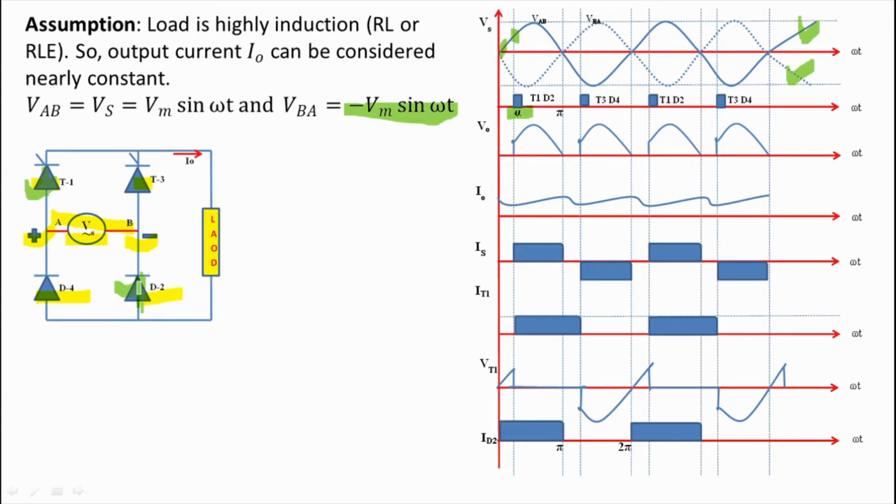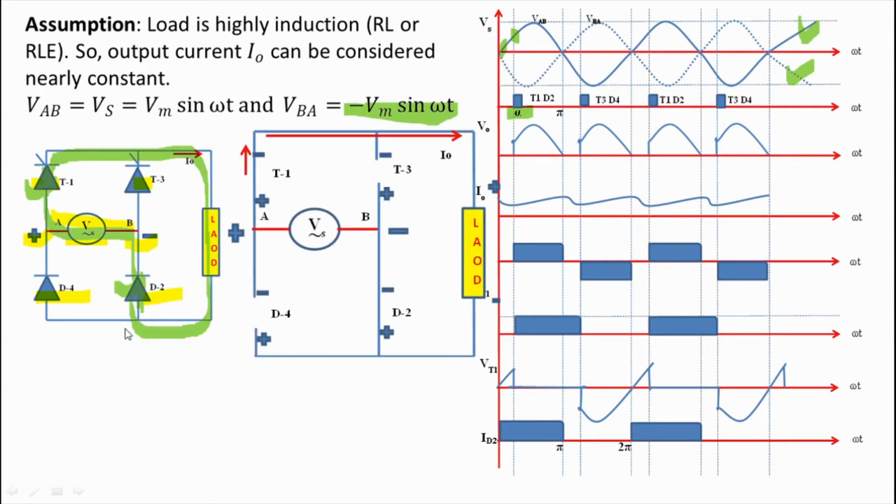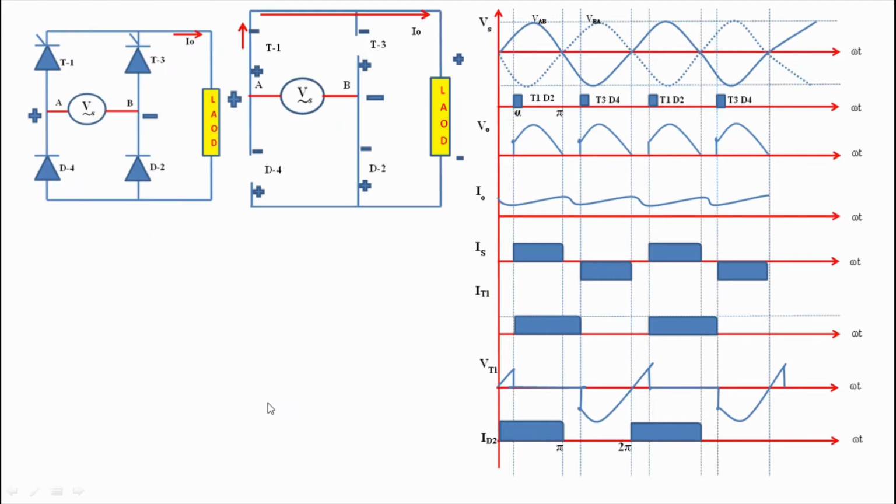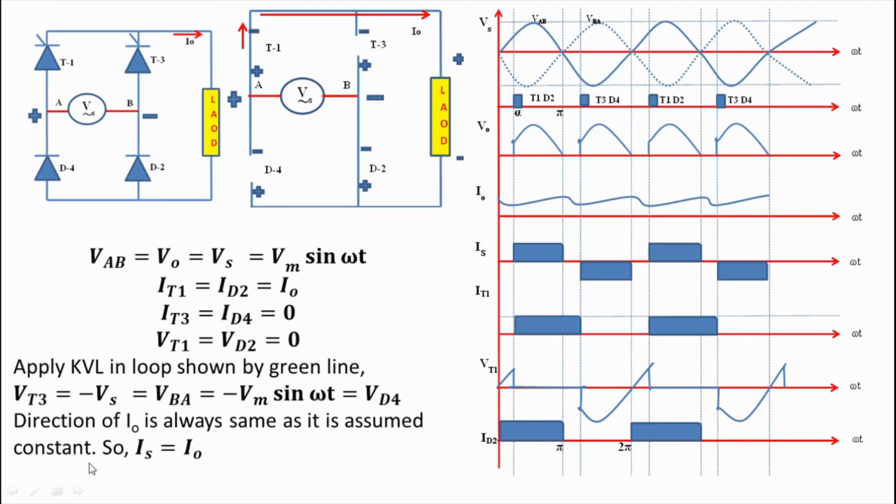Okay. And here in this circuit, current will circulate through path D2, Vs, T1 and then load. On applying KVL in this loop, we get VAB is equals to Vm sin omega t and that is equals to V0. Current I0 will flow through T1 and D2.